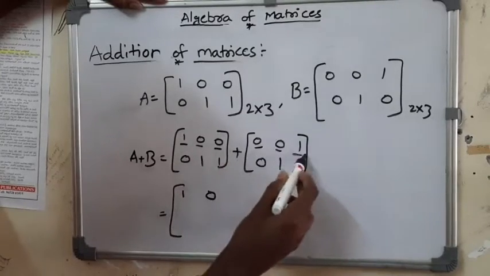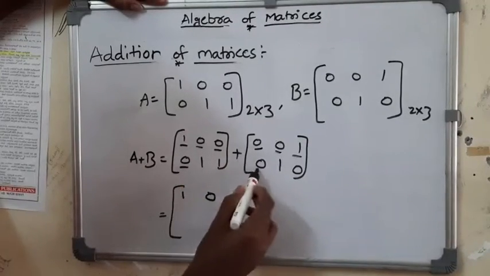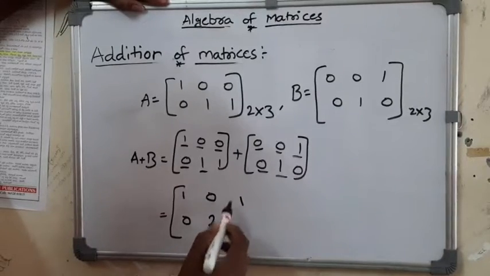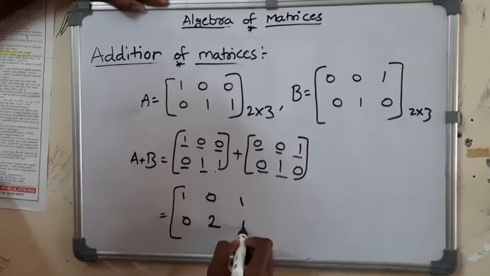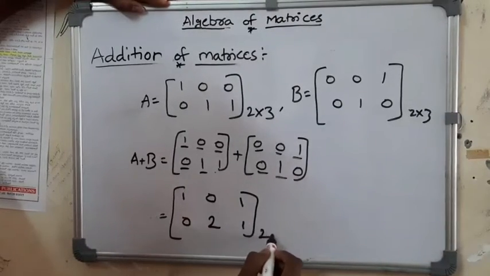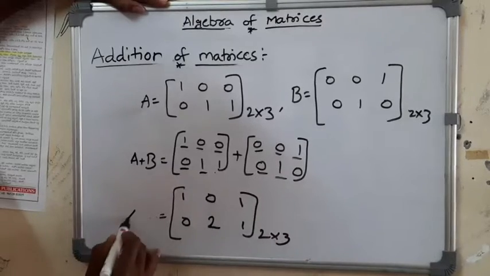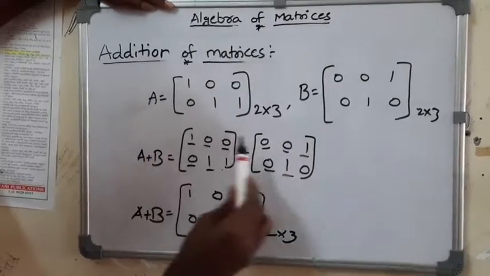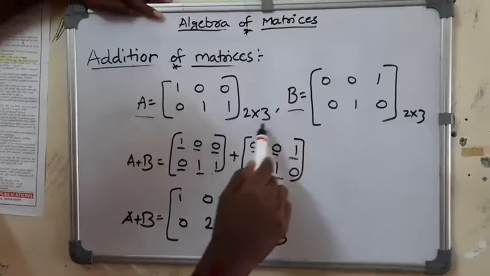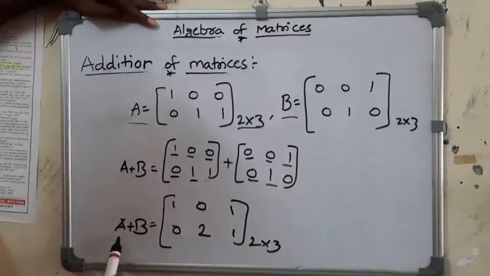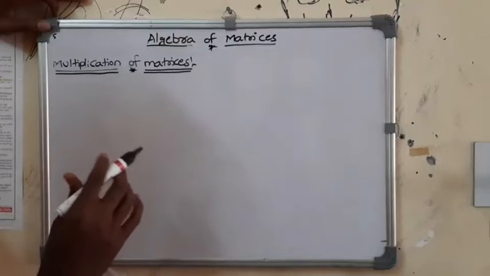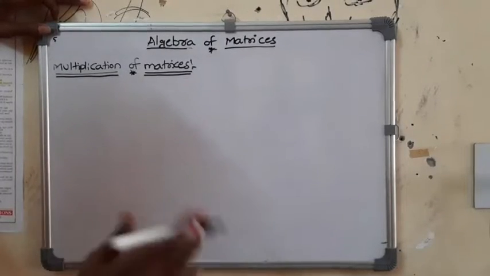And here 0 plus 1 is 1, then 0 plus 0 is 0, 1 plus 1 is 2, and 1 plus 0 is 1. This is of order 2 by 3, which is A plus B. If we add any two matrices A and B of order 2 by 3, then we get a matrix A plus B of order 2 by 3. We have completed how to perform the addition operation on matrices.